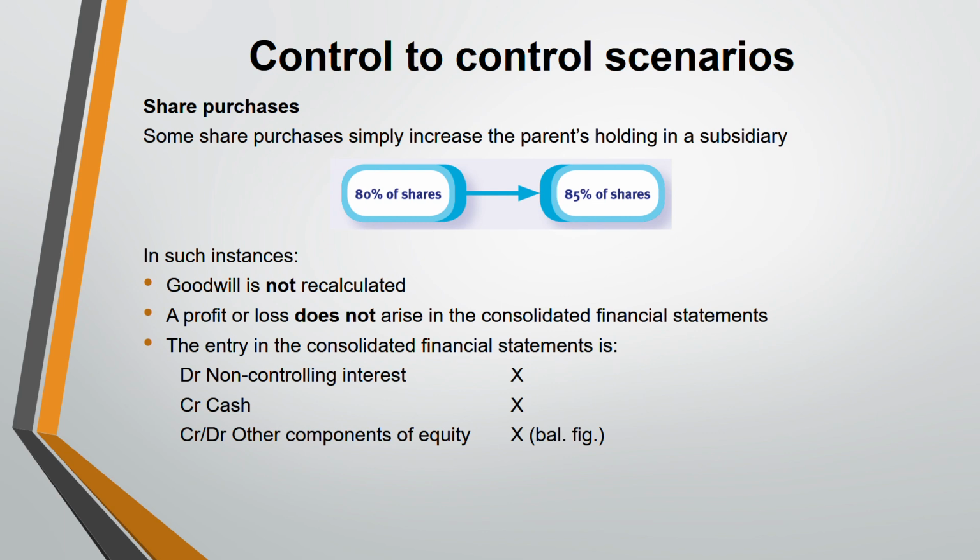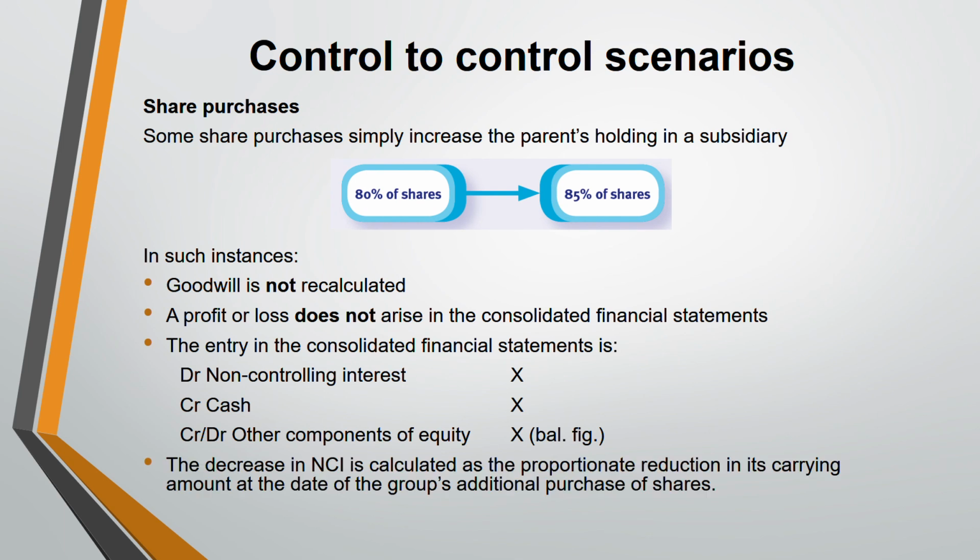It's a balancing figure. That means NCI decreased. So you have to find out that decrease in NCI. The decrease in NCI is calculated as the proportionate reduction in its carrying amount, at the date of the group's additional purchase of shares.